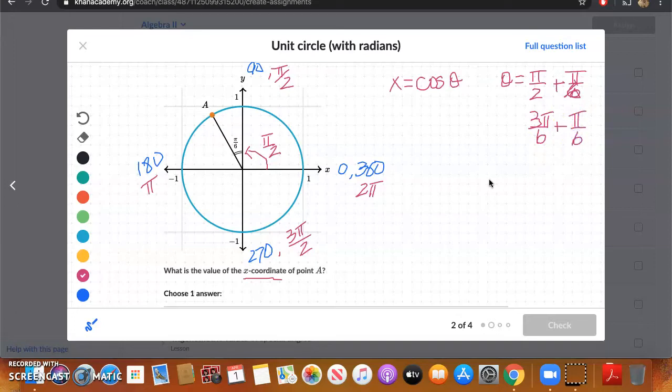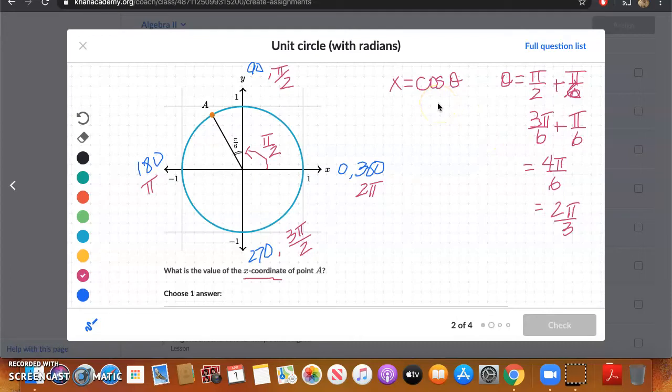And that would give us 4 pi over 6, which simplifies to 2 pi over 3. That's our theta.